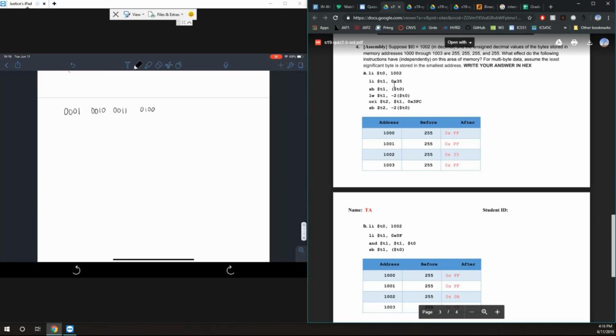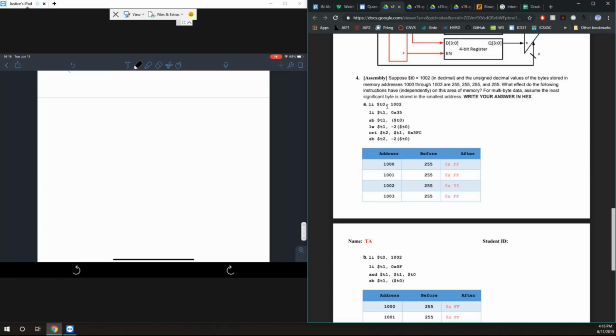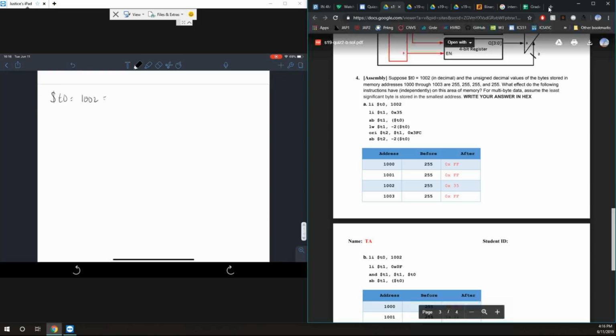We'll do part A real quick. I'm gonna write it out, not word for word, just more like this. So T0 equals 1002, which in hex, that's 1000, hex, oh, 3E8.